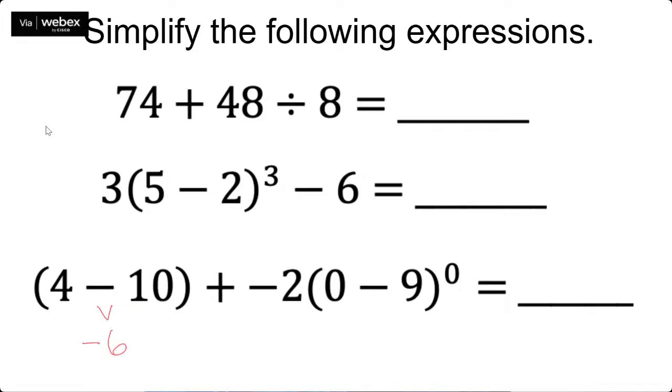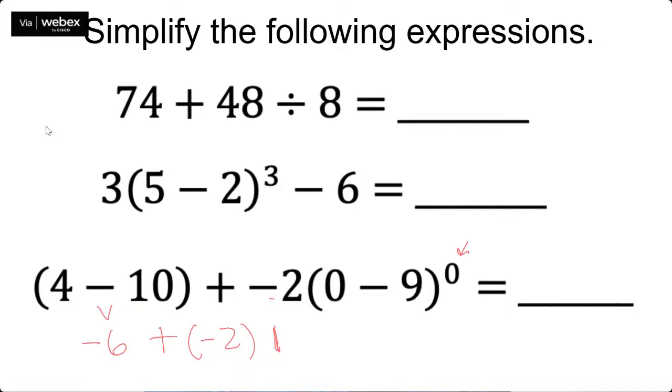So I have negative 6 plus negative 2. I'm going to put this in parentheses. Times, what is 0 minus 9 to the 0 power? I can go ahead and do my exponents. 0 minus 9 to the 0 power is going to be a 1.